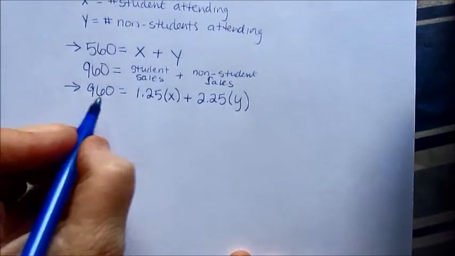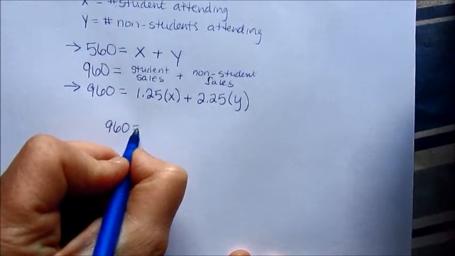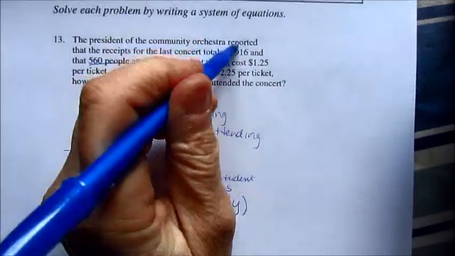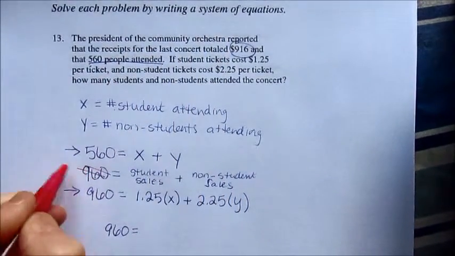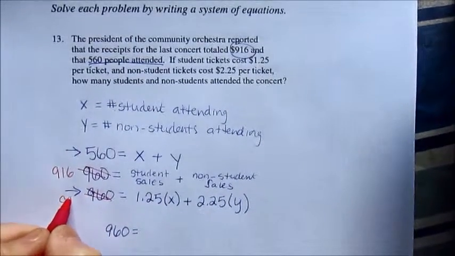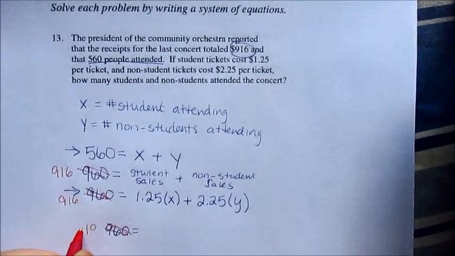Let's write them over again. I wrote 960, but it's not 960. I'm going back and looking, it's 916. Make a correction there before I go any further.